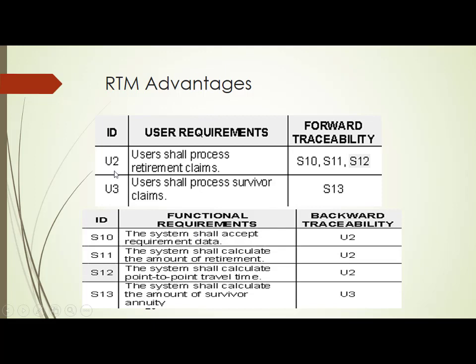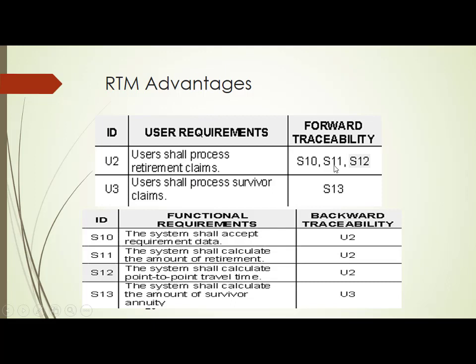Now they are all the users. Who are the users? The users are the ones who are going to use this insurance policy portal. There are two users, user 2 and user 3. What is user 2 doing? Users shall process retirement claims. This is the user requirement. This user requirement is given by which stakeholders?